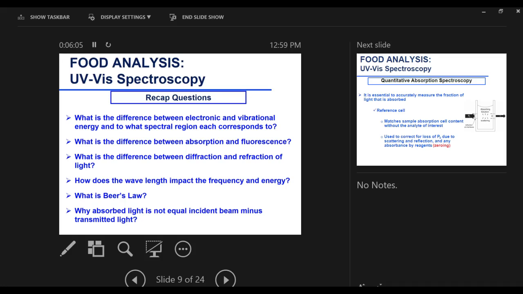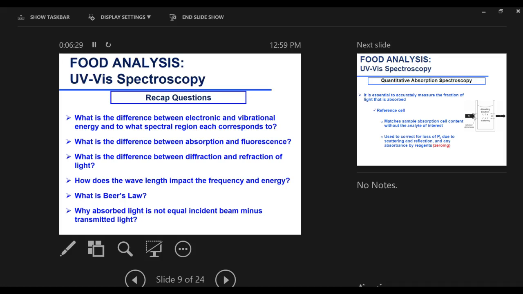Perfect. Why is absorbed light not equal to the incident beam minus transmitted light? So what's the incident beam? The light hitting the sample versus the light that leaves that compartment of the sample, the transmitted light. So why is it not a simple subtraction?